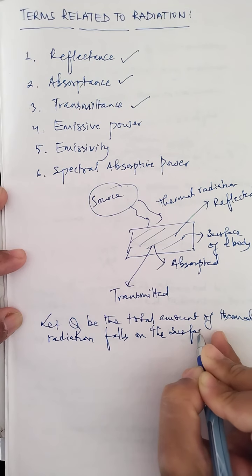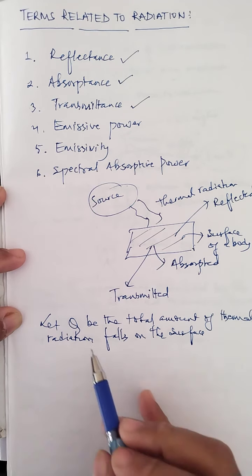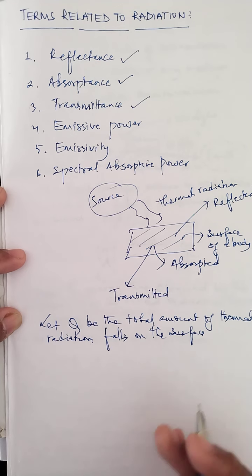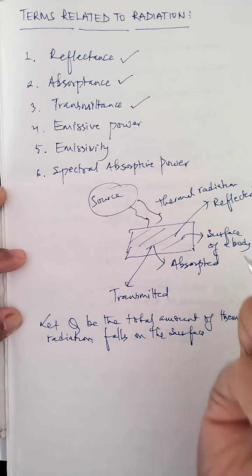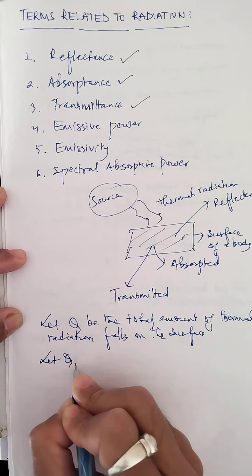From a given source, Q is how much thermal radiation is falling on the surface of a body. Out of this total amount, some part of the radiation is reflected by the surface, and that part I write as Q1.